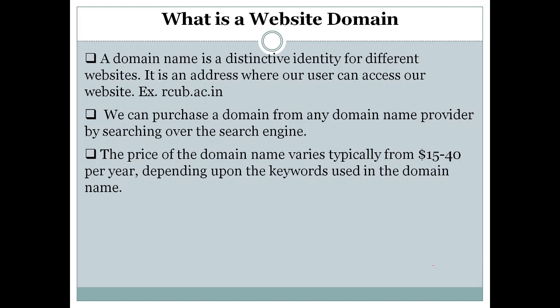So .com is a very famous domain, and that may cost you more. There are various other top level domains, and country-wise top level domains we also have, like .in, which represents India. So based on the factors, the cost of the domain name varies.